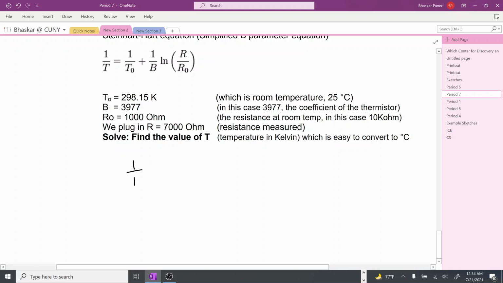One over T is equal to 1 over T0 plus 1 over B and natural log of R over R0. So that is the equation.